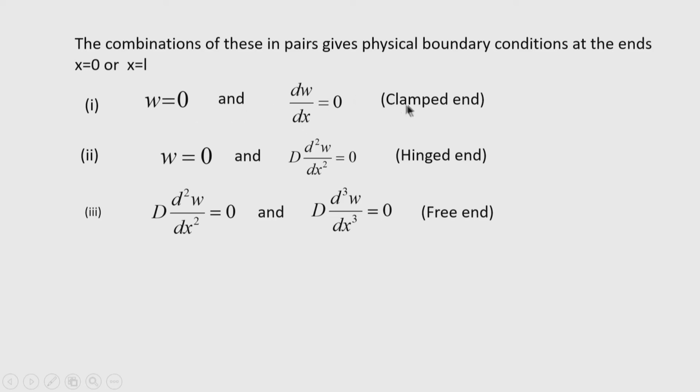That combination gives a clamped end. Another combination may be w equal to 0, d square w by dx square equal to 0. This combination gives a hinged end, or pinned end, or simply supported end. Then the third combination is d square w by dx square equal to 0 and d cube w by dx cube equal to 0.